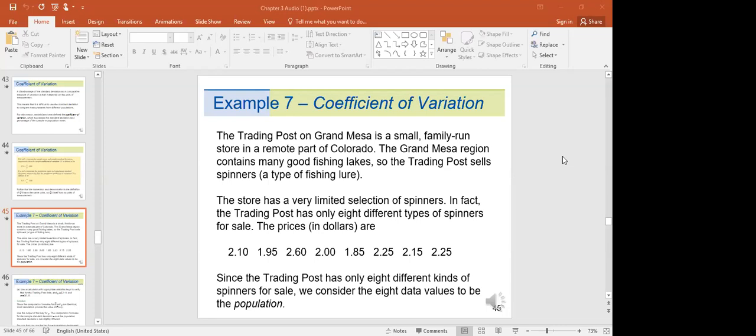So use your calculator, go to STAT, and then press enter for edit.